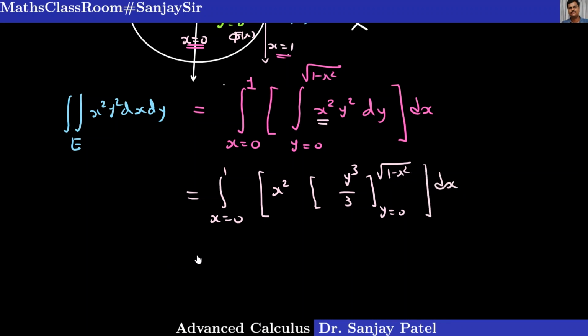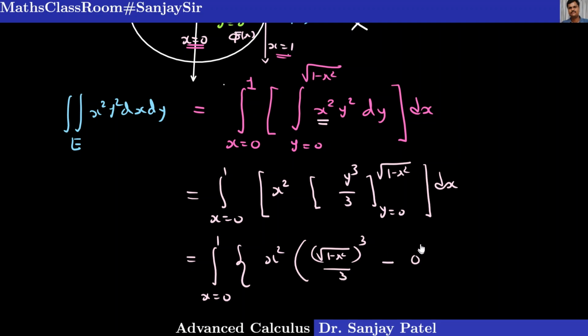x. So this is equal to integral x equal to 0 to 1, and if you substitute the values, this is x square, and when you put y equal to square root of 1 minus x square, you will get 1 minus x square raised to 3 by 2 over 3, minus the value at y equal to 0.